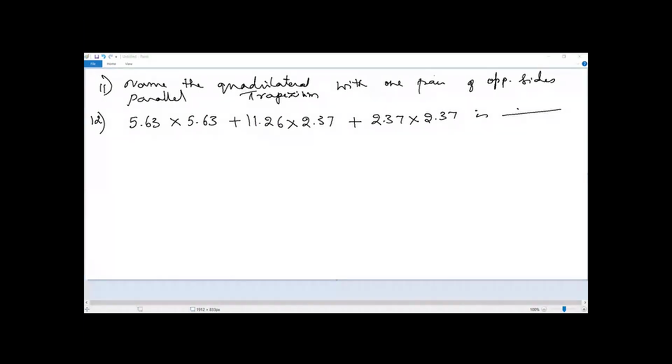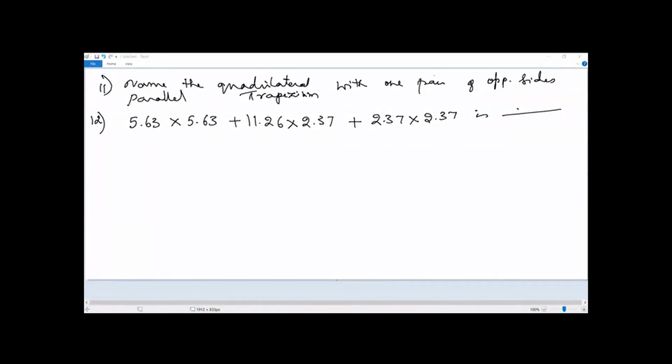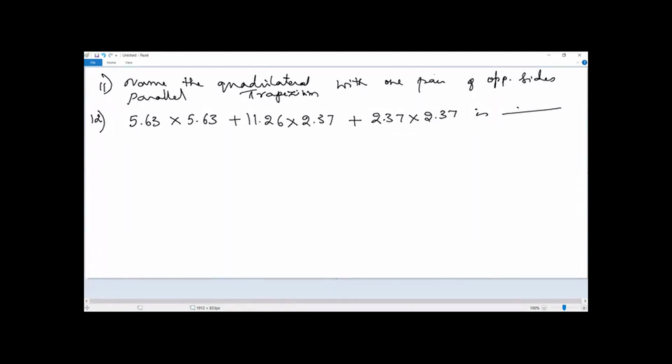Anybody has answered? Using the identity. Somebody has answered trapezium. Okay. Next question. Who has answered? Which identity can you use?